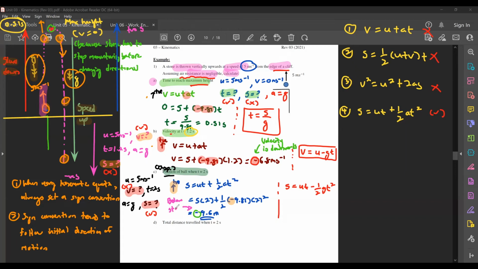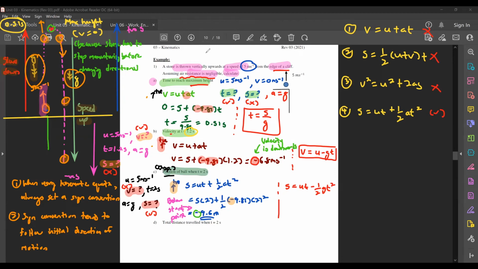One thing I'm curious about right now is, how do you know what formula to use? For example, in this thing, why can't we use the acceleration formula and stuff like that?